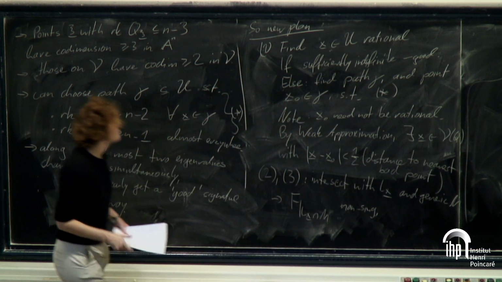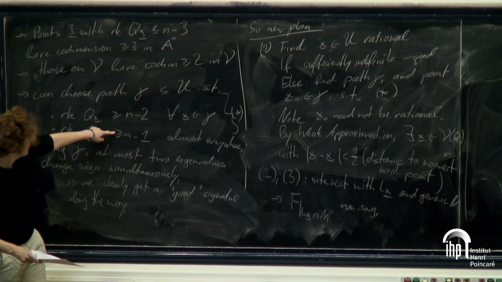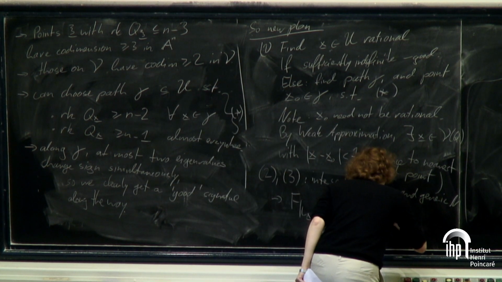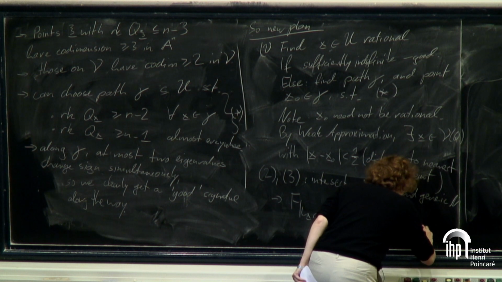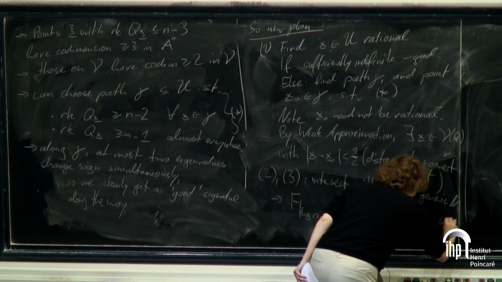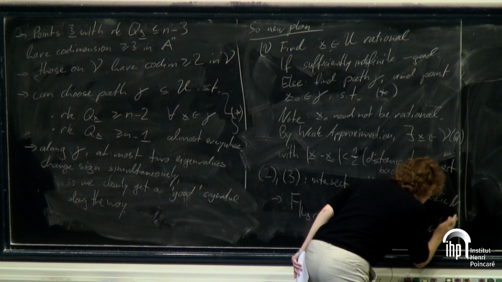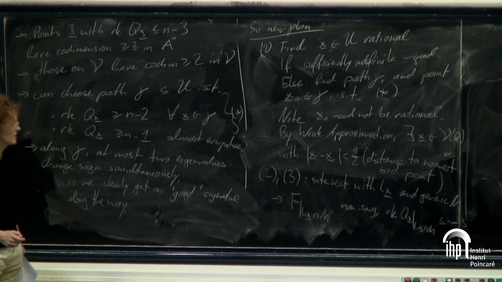And, well, for x we only assumed n minus 1. So we have rank Qx restricted to L m at least n minus 3, because we intersected by 2 hyperplanes.